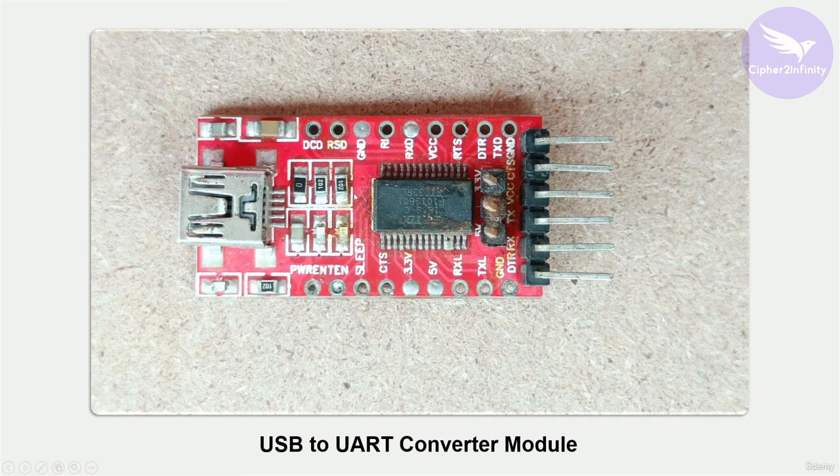It is also called a UART to USB converter because it's bidirectional. It takes the data from this side and provides it on the controller side, and it takes the data from the controller side and provides it on the USB side. So it executes a bidirectional function.